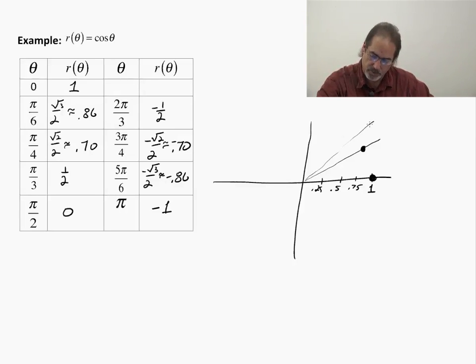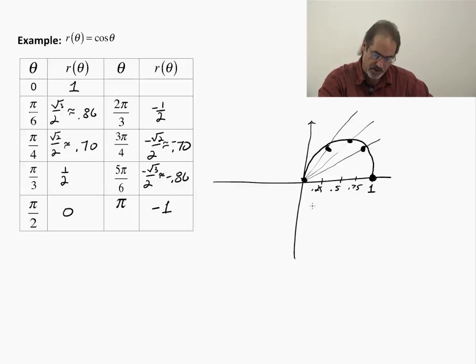At pi over 4, it's roughly pi over 4, I'm at 0.7, so right around there. At pi over 3, which is roughly here, I'm at a half, so right around there. At pi over 2, which is obviously straight up, I'm at 0, so I'm right here.